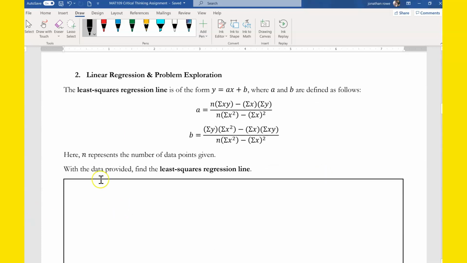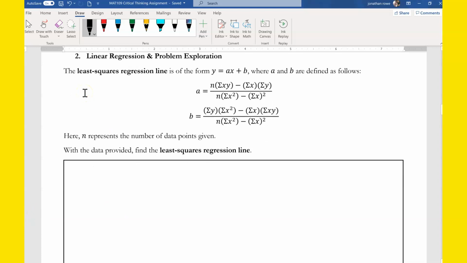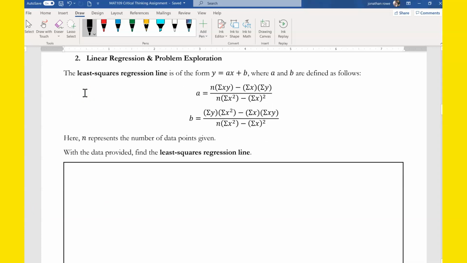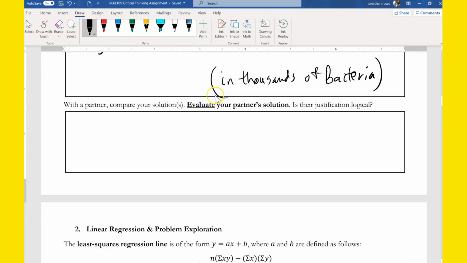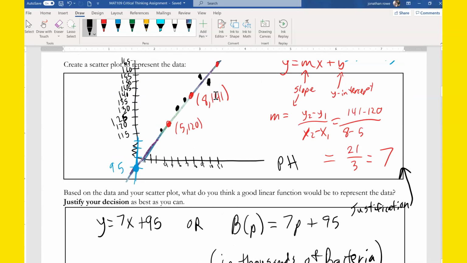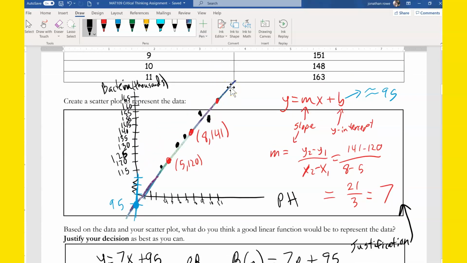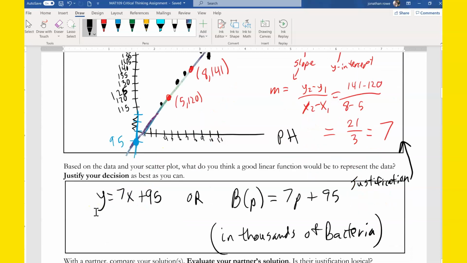Part 2 of this assignment is about finding a least squares regression line, a linear regression. It will find a line for this data that is more precise than just an eyeball estimation of the line.